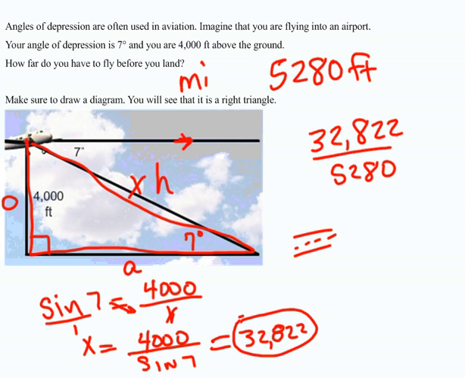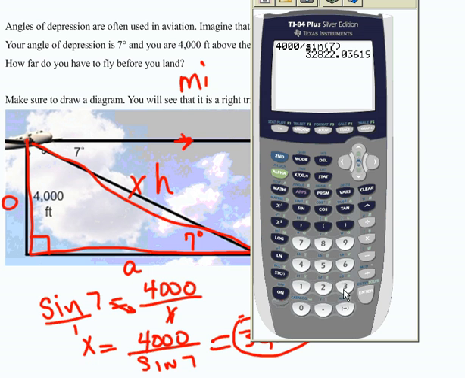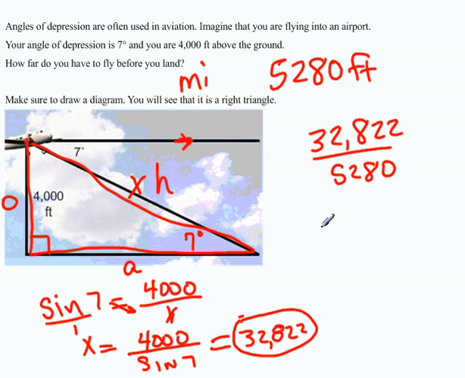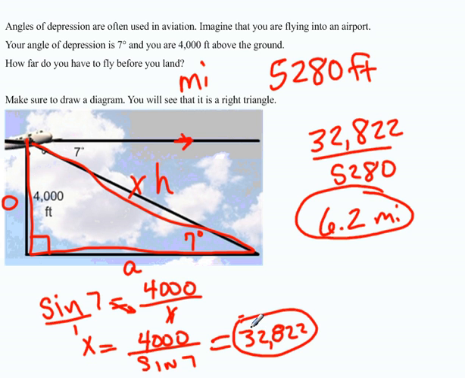And that would give us our distance in miles. So 32,822 divided by 5,280 feet tells us that we are approximately 6.2 miles away. And we have an understanding of how far that is.